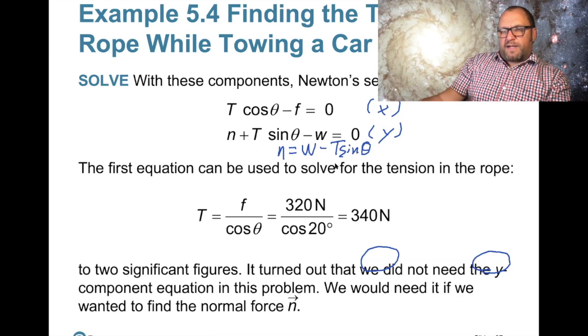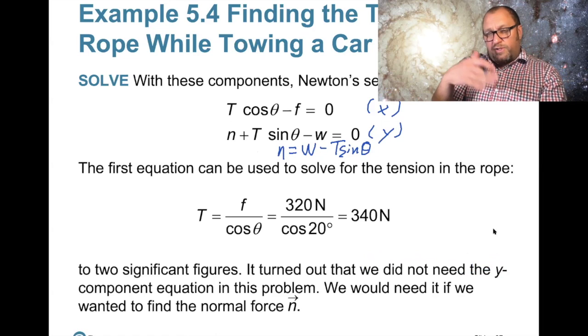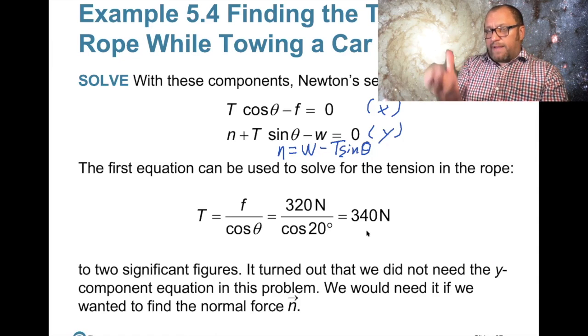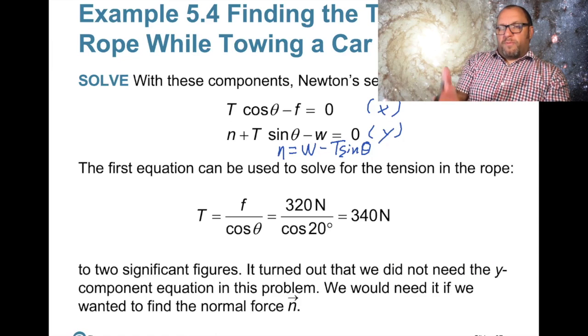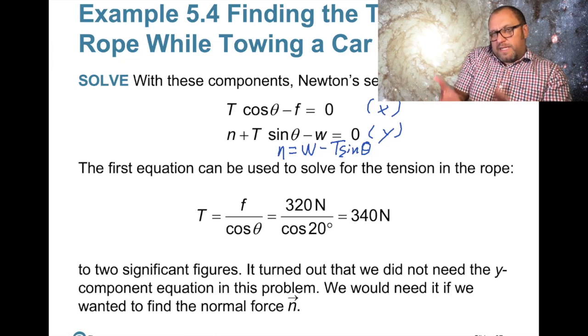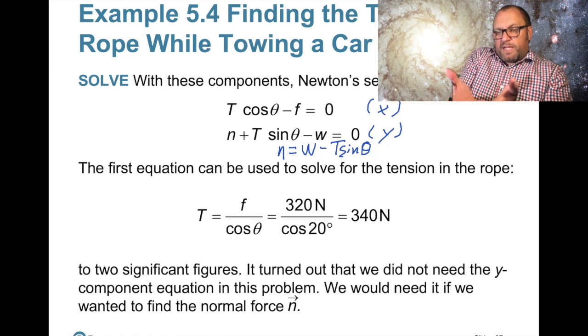And that's what I was talking about. What this means physically is our normal force is going to be less than it would be if the cable wasn't pulling up. Since the cable is pulling up, our normal force is smaller because the cable is lifting it off the ground, so the ground is not pushing back on it as much.